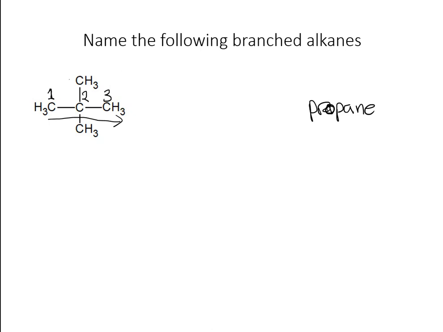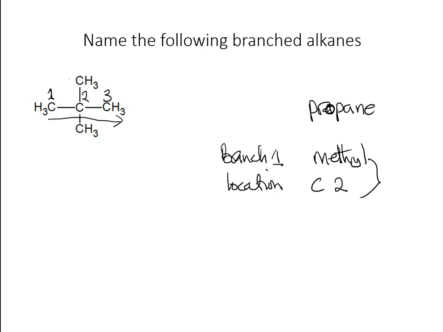Now, it has 2 branches. The first branch is a methyl. Its location is carbon 2. So when you combine these, we can say we have 2-methyl.